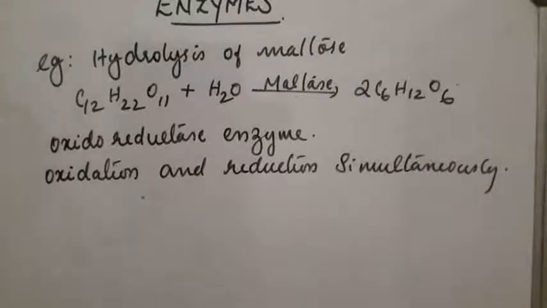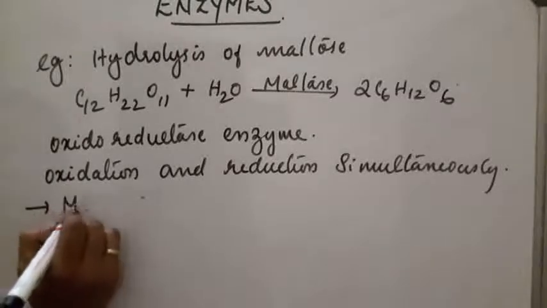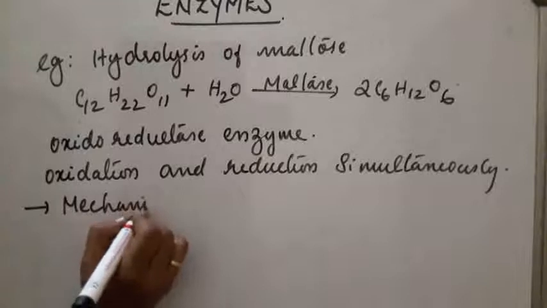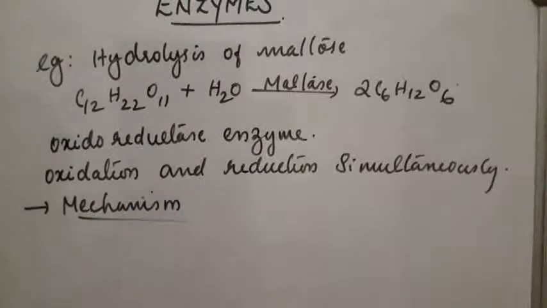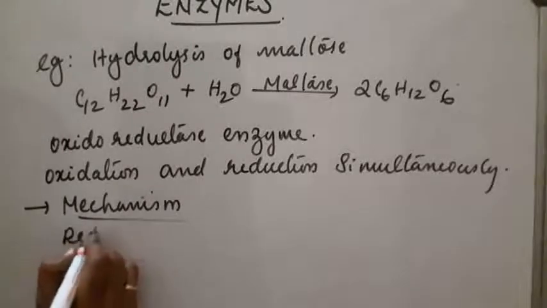Now, only a very small amount of enzyme is needed for the biochemical reactions. And next, the mechanism of the enzyme. This enzyme used reduces the activation energy of a particular reaction.